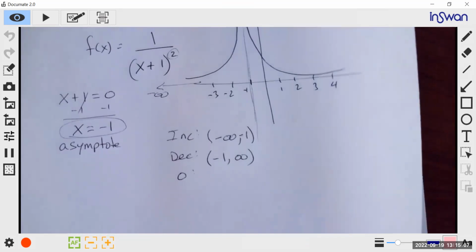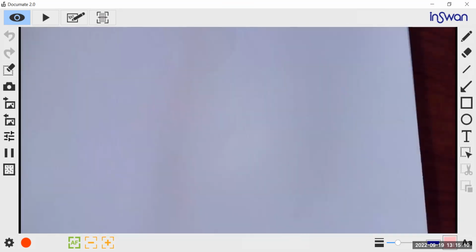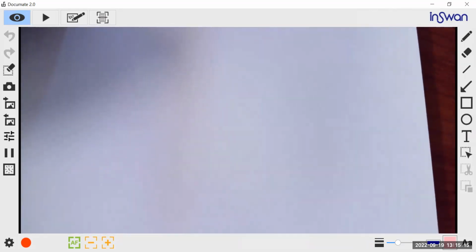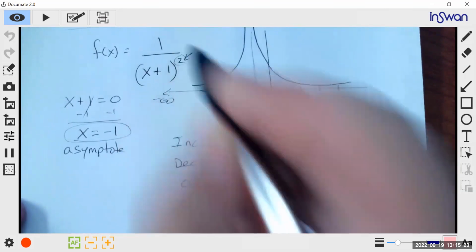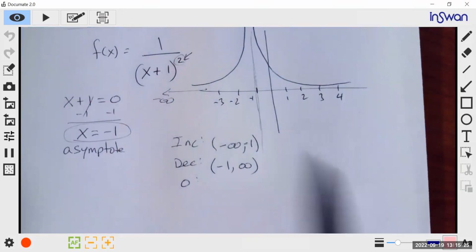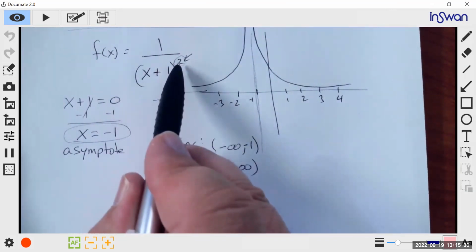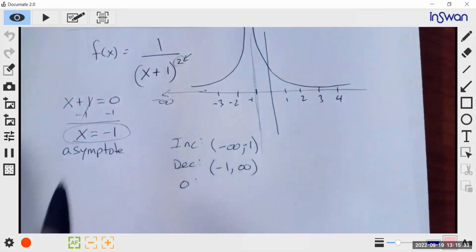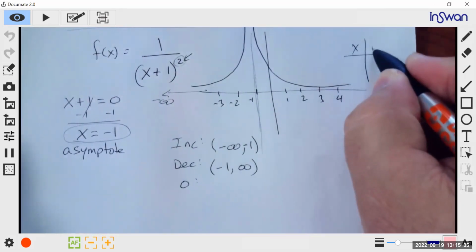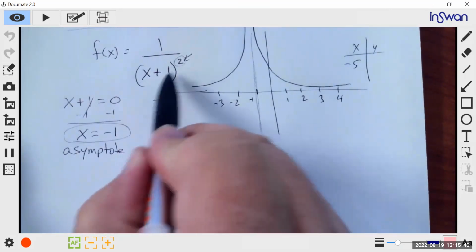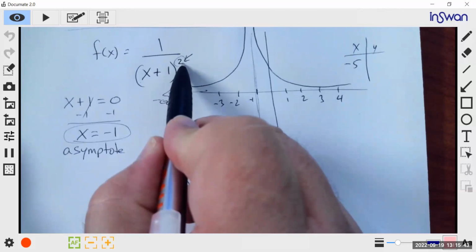Actually, I have a couple of them. I'll show you. What did you do to explain? This exponent tells me that I cannot have a negative answer, because the only x I have in my equation is on the bottom and it's squared. No matter what x value I put in, if I put -5 for x, -5 plus 1 is -4, squared becomes +16.